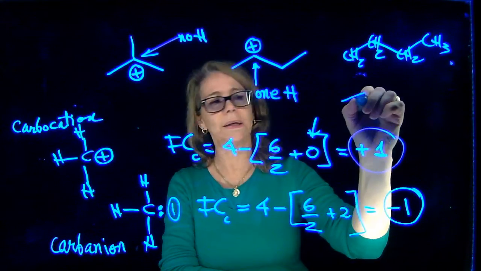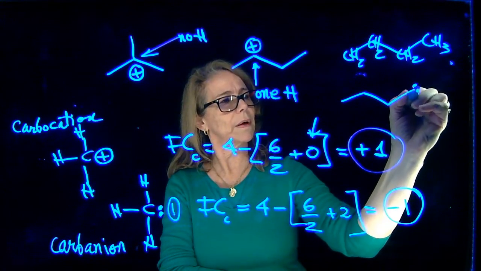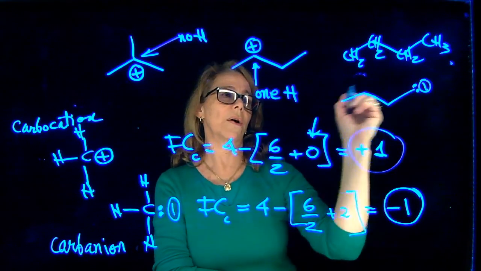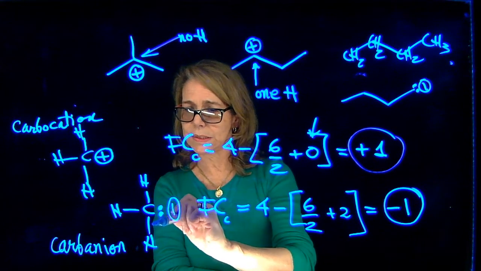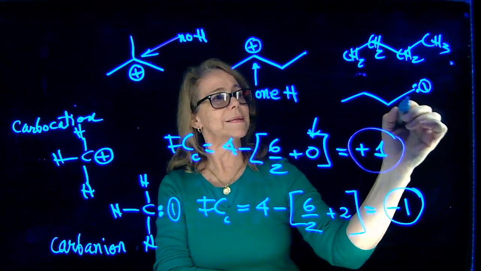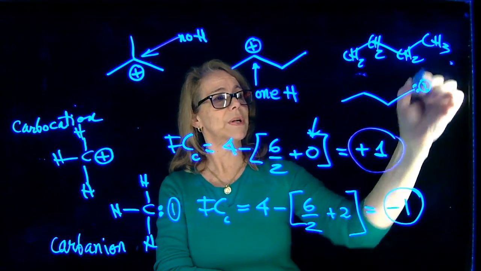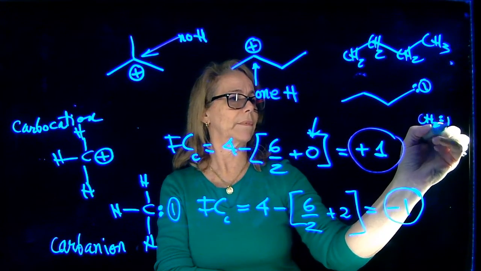And finally, if you had this formal charge here, notice this pattern, 3 bonds in this formal charge. What that means is that at the end, instead of having a CH3, this is a CH2, and this.